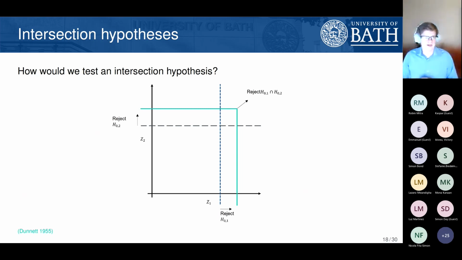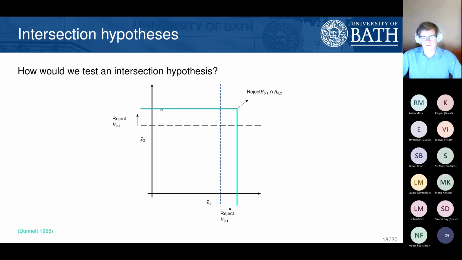And as a very quick note, but this will hopefully give some clarity later on, if we are thinking about how to test these intersection hypotheses, this is a very simple example of what that rule might look like. So suppose we have Z values on each axis for each treatment group, or experimental treatment group 1 and 2. Then the dashed lines are essentially our local tests of H01 and H02, so in the usual way.